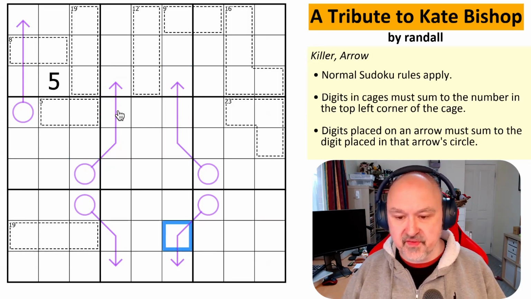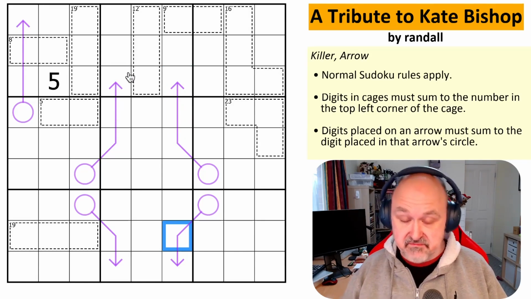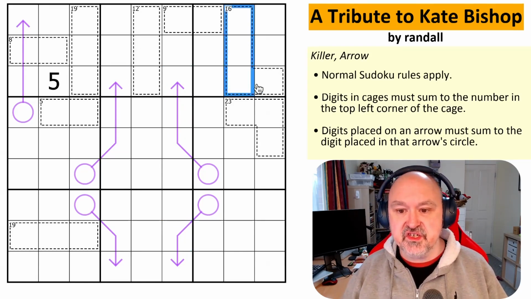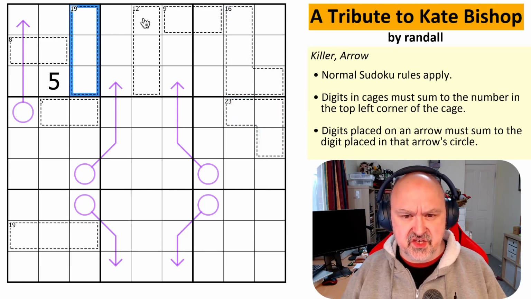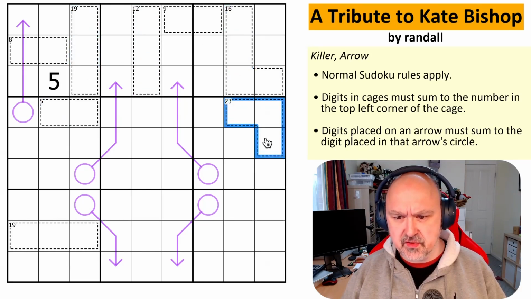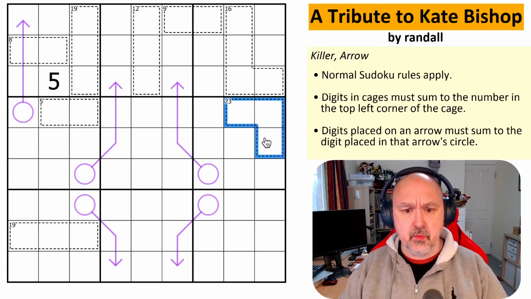That is true for all of the arrows in the puzzle. And a similar rule, the digit in the top left corner of the cage will be the sum of all of the digits within the cage. Digits cannot repeat within cages, but as all of these cages are either straight or within the same box, that's not relevant. So they're the rules we've got to go on.